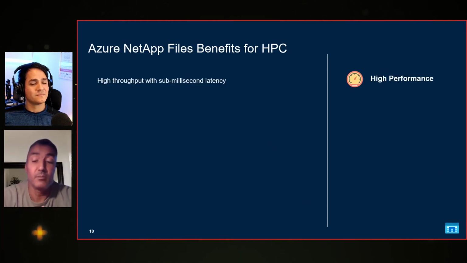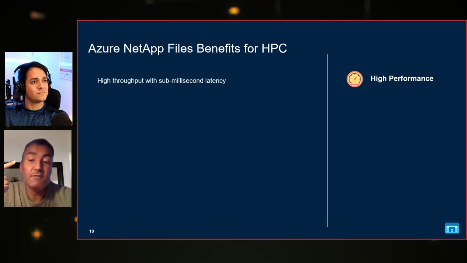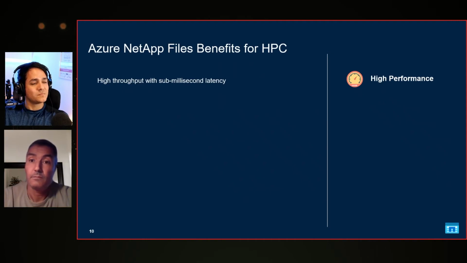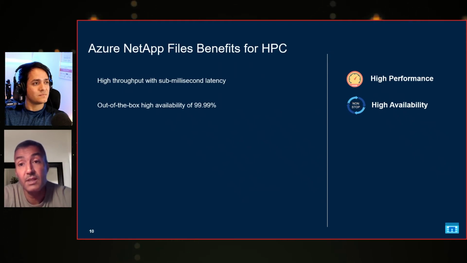First one, high performance. With Azure NetApp Files, you can have bare metal performance in the cloud thanks to the high throughput and sub-millisecond latency offered by the solution. High availability. You will experience no downtime thanks to the out-of-the-box high availability of 4 nines offered and guaranteed by Azure NetApp Files.